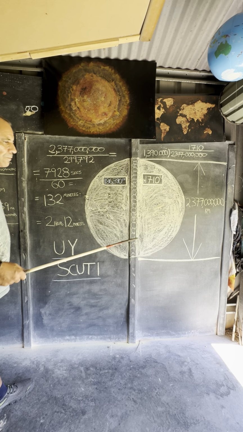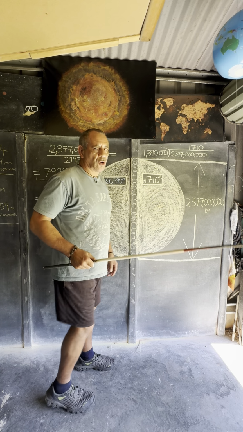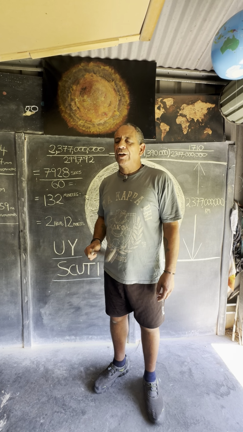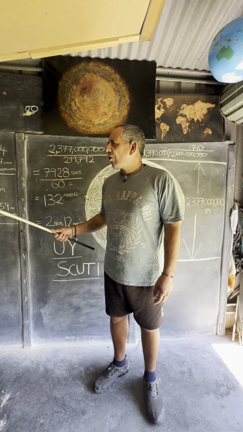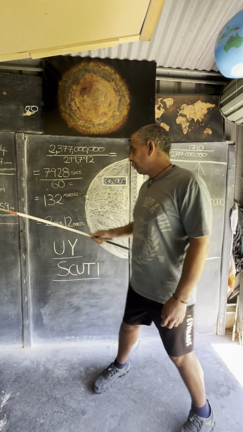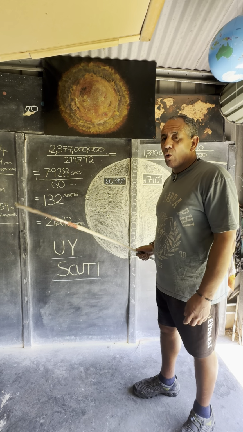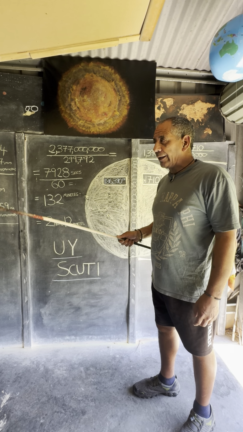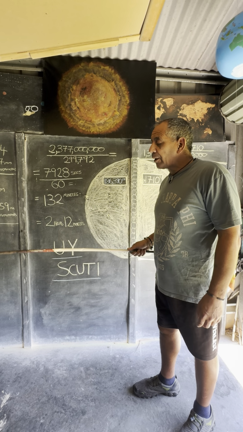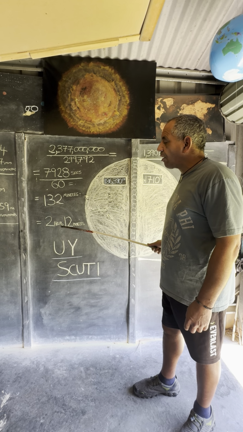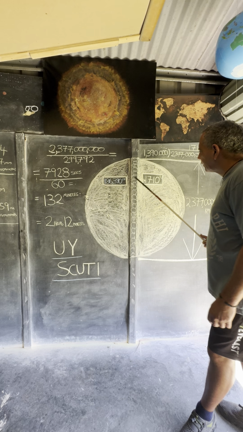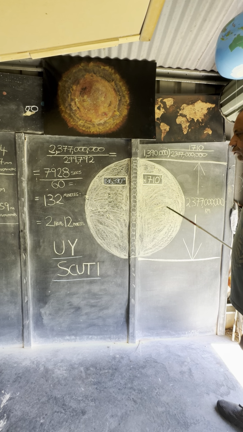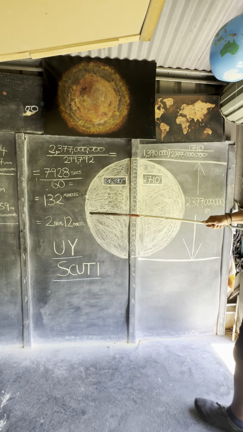Now, if I did a working scale diagram, including UY Scuti, that sun, if I brought UY Scuti down to the size of that bulb, and I wanted to watch it radiate its light the distance of that bulb, I'd be sat there for 2.5 hours waiting for this monster to radiate light the distance of one of its diameters.